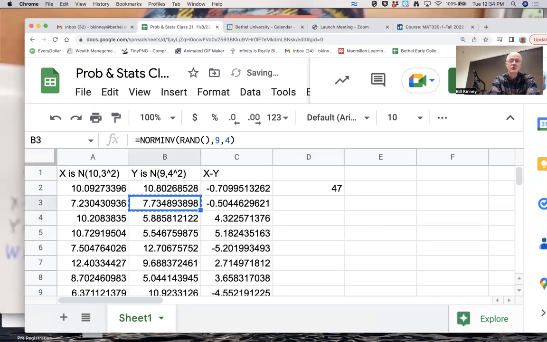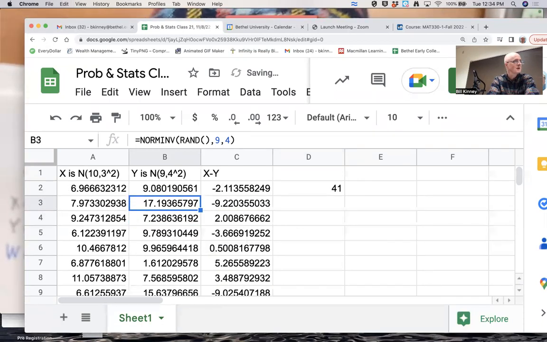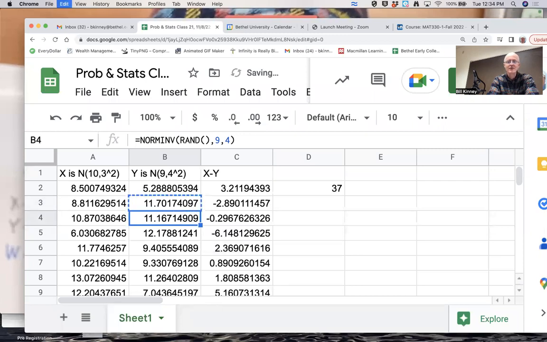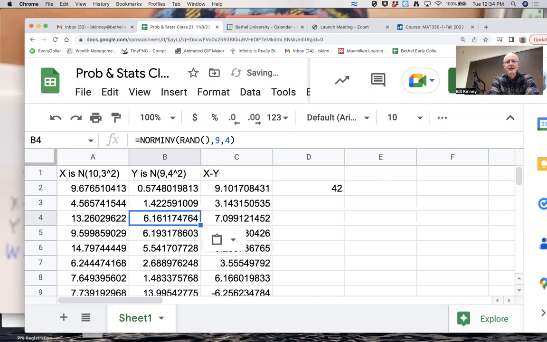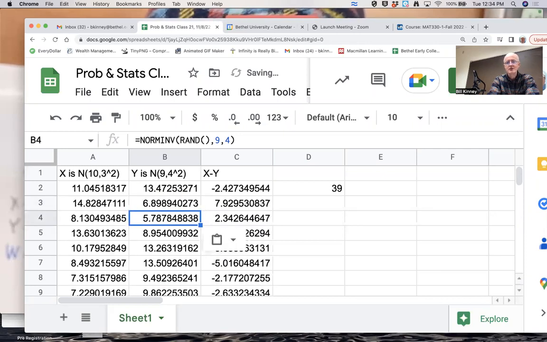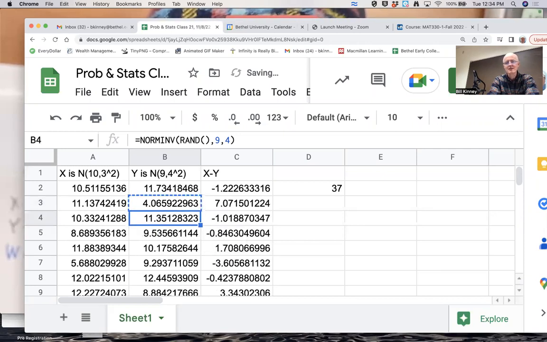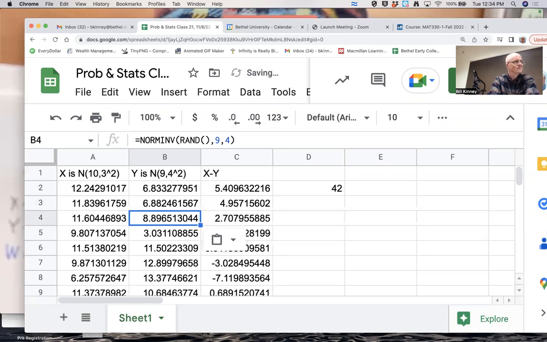Sometimes it's bigger than 42, sometimes it's less than 42. But doing this enough is helping me believe that 42 might be a decent answer. 42%. Okay. Do bigger sample sizes if you want more confirmation. Maybe samples of size 10,000 or something.